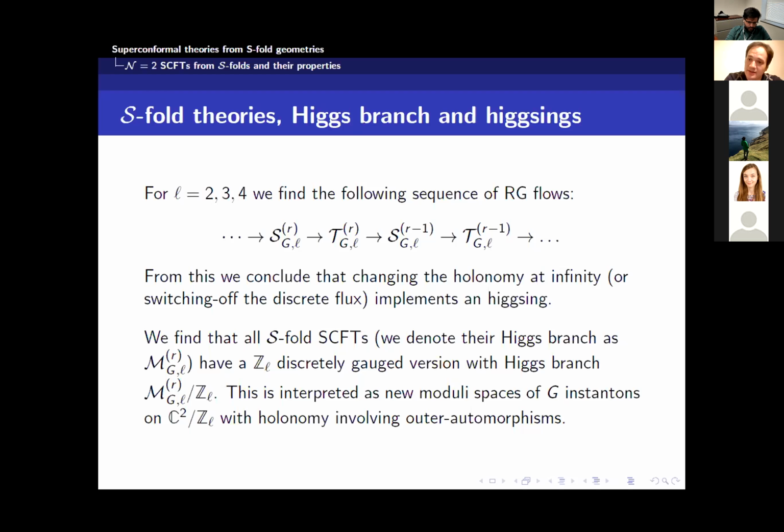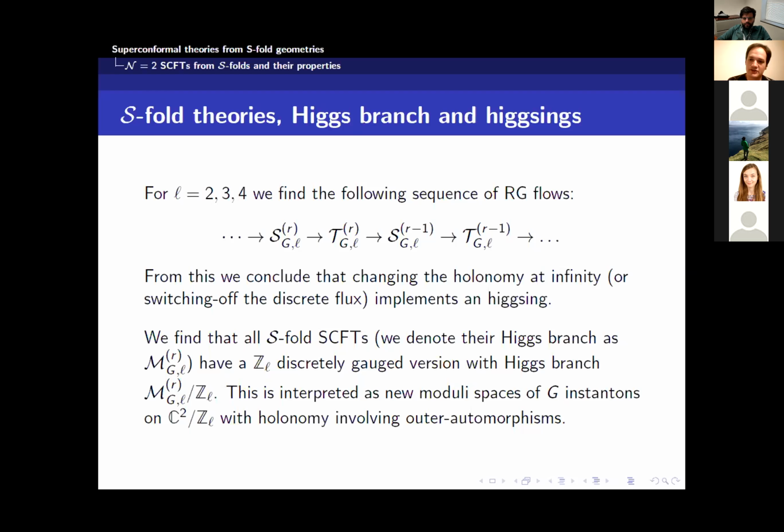This is indeed expected from the geometric description, because also in this case, we have D3 branes on top of 7 branes, so we do expect an instanton interpretation. Since in this case the 7 brane is wrapping C^2 mod Z_L, then I expect instantons on such spaces.